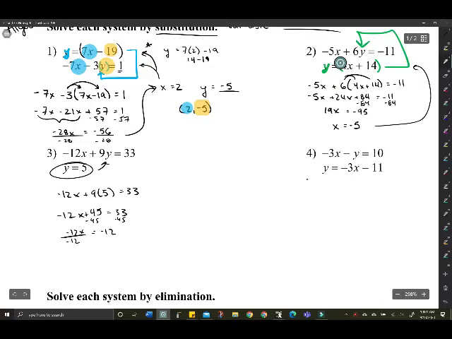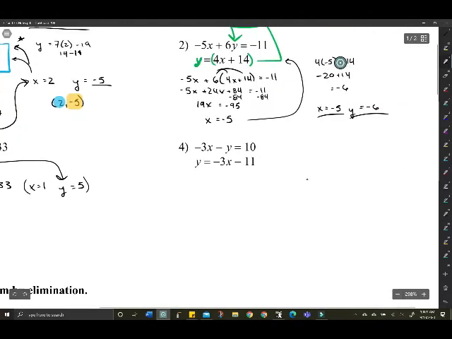And subtract. And x equals 1. y they already gave you is 5. How about that? Nice and easy.